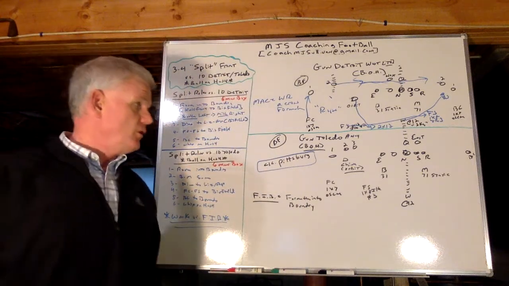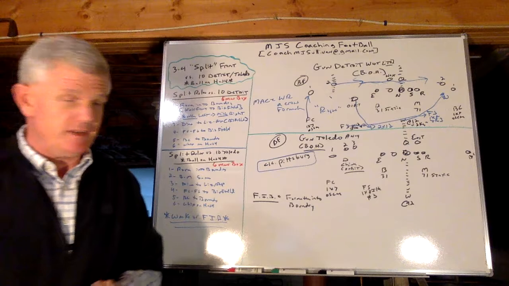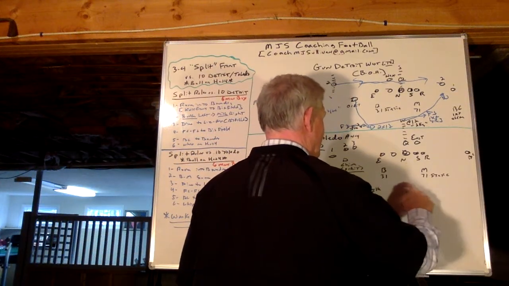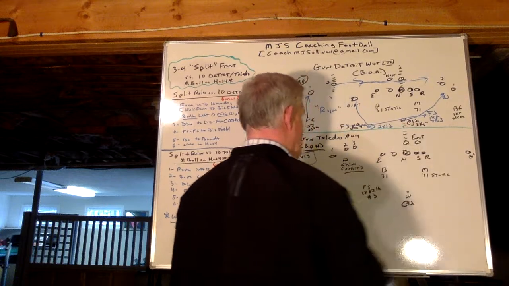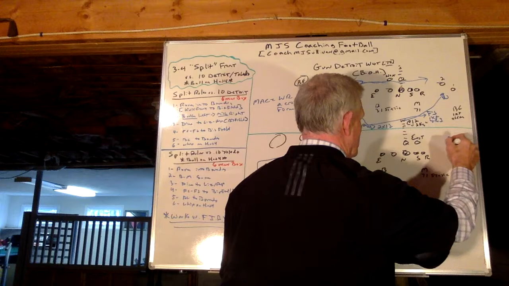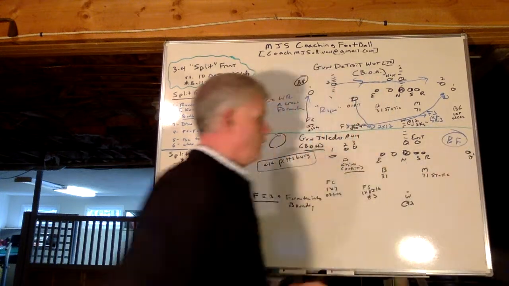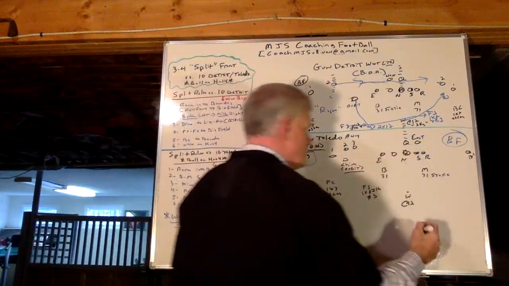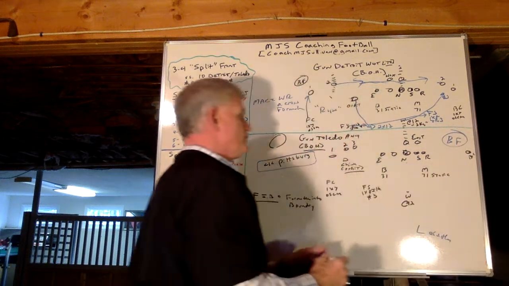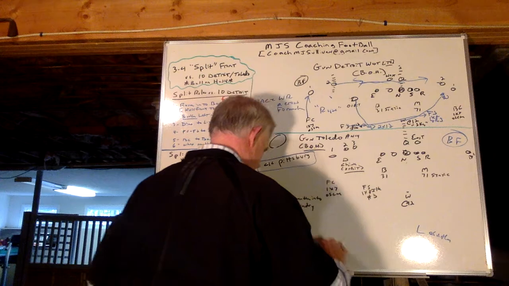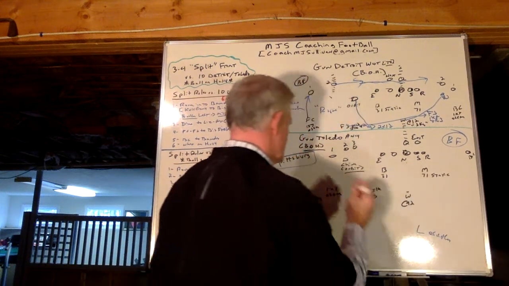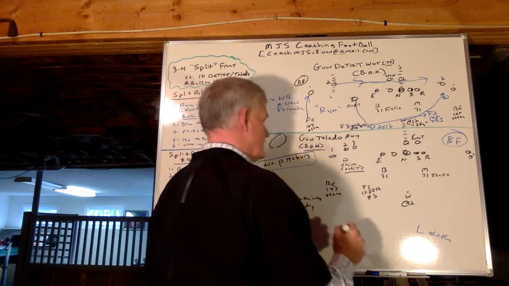Okay? So let's just pretend for a second. This is the big field. Okay? So now the ball's on the left hash. Big field's to the right. So all that happens is this will be the boundary.